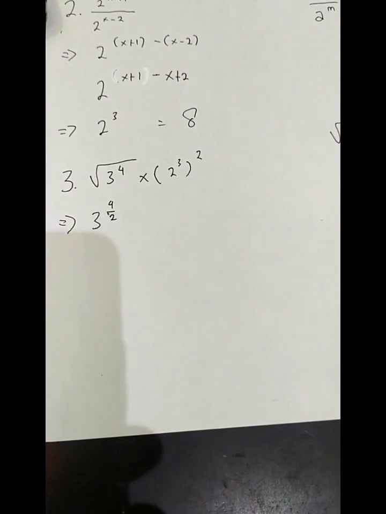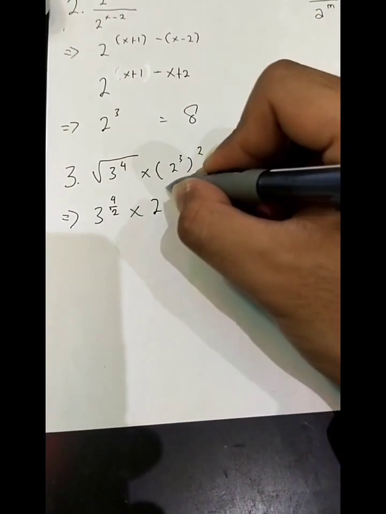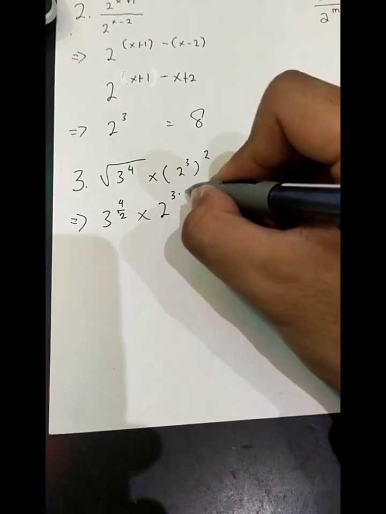So for the operation we got square root of 3 raised to the power of 4 times (2 raised to the power of 3) raised to the power of 2 equals 3 power 4 divided by 2 times 2 power 3 times 2.